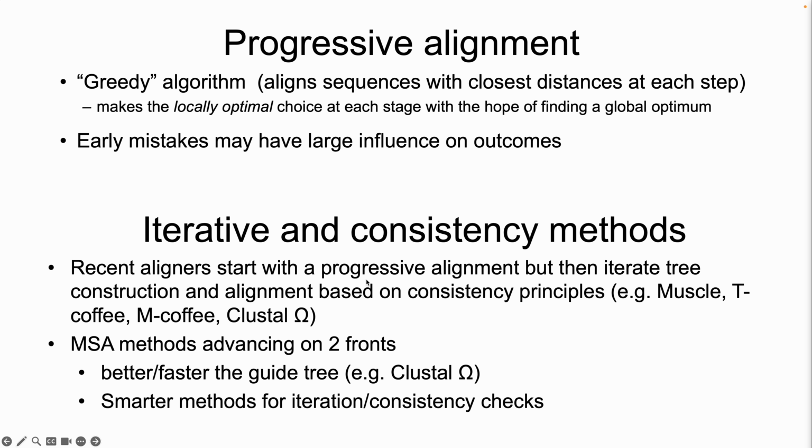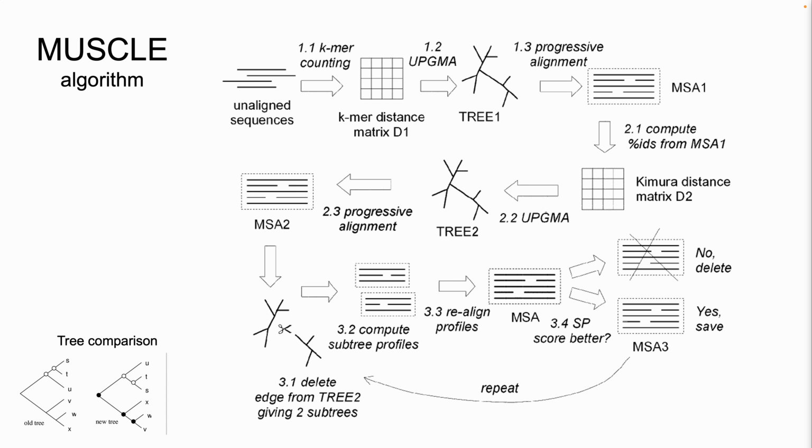So that's where iterative and consistency methods came in. MUSCLE, Clustal Omega, MAFFT, all of these use iterative and consistency methods. So what does that mean? This is the MUSCLE example. It does all that stuff that I was just talking about, right? This step, 1, 2, 3, that gets you to the previous slide, right?